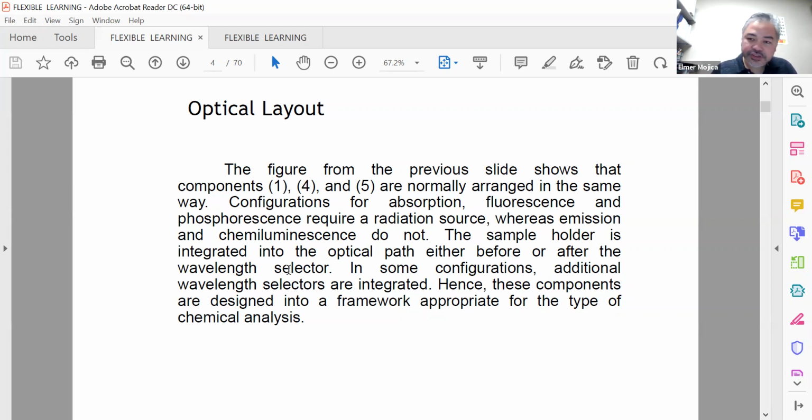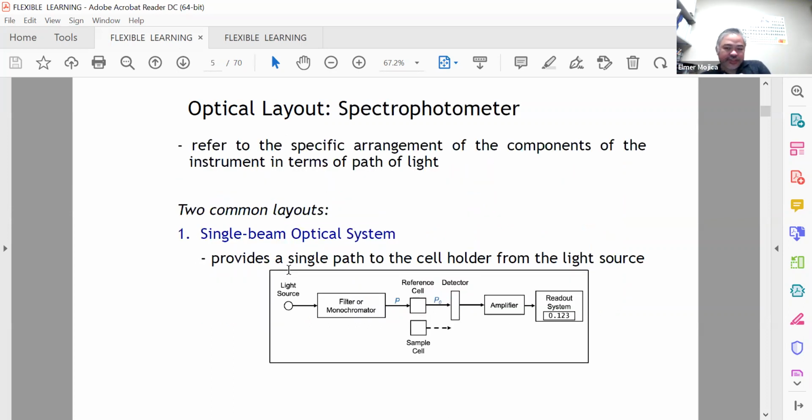If you look at the layout we have for a spectrophotometer, it refers to the specific arrangement of the components of the instrument in terms of the path of light. Everyone has the light source.